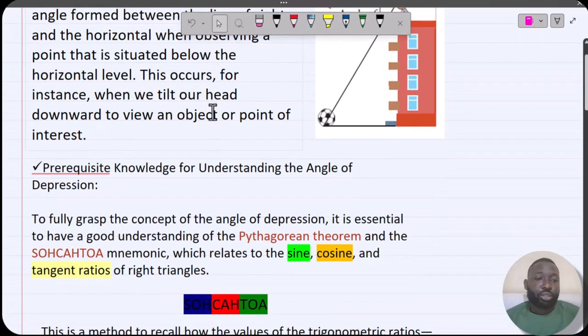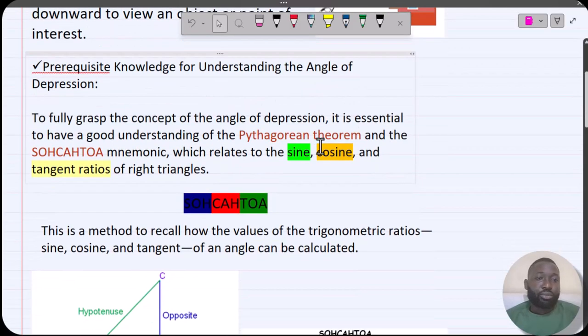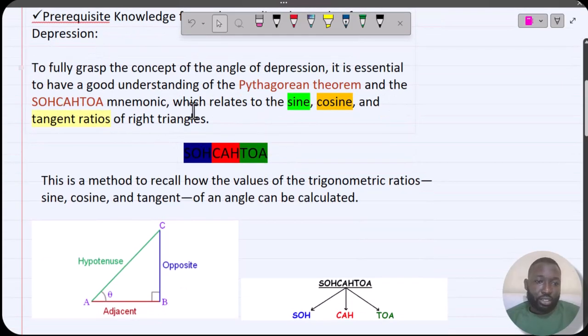So we have a prerequisite here. We are saying that knowledge for understanding the angle of depression. To fully grasp the concept of the angle of depression, it is essential to have a good understanding of the Pythagorean theorem and the Sokatwa.